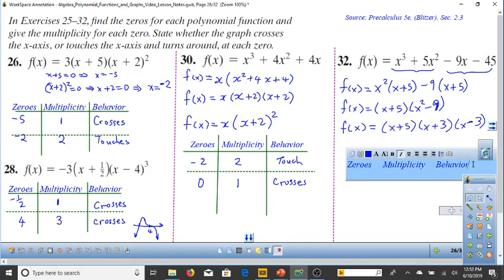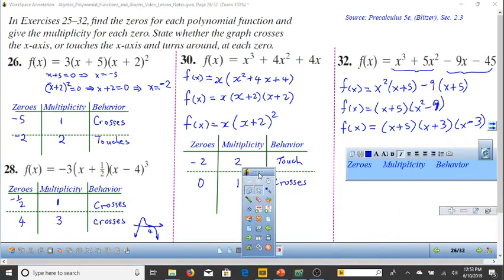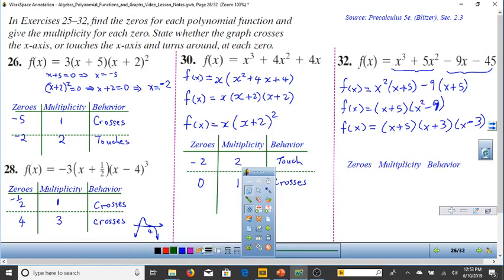We have 3 of them, namely -5, -3, and +3. So we can then identify our end behaviors. If we look at it, we can determine our behavior of our intercepts, or x-intercepts.